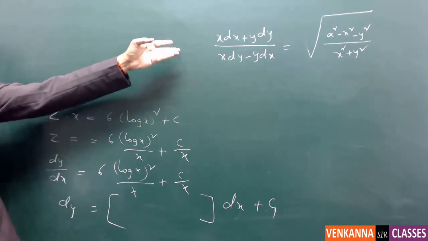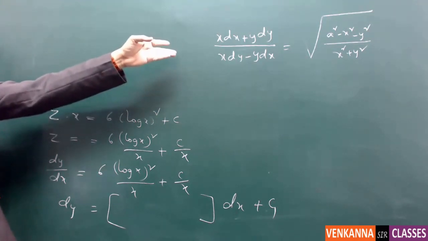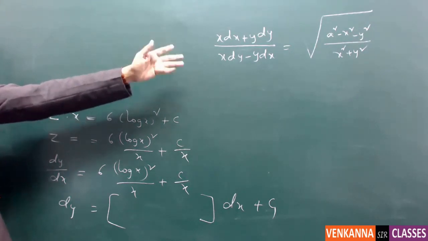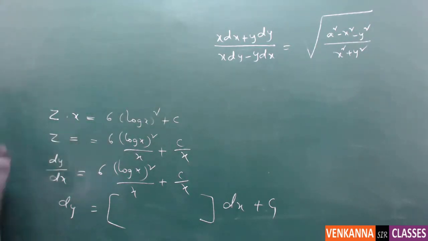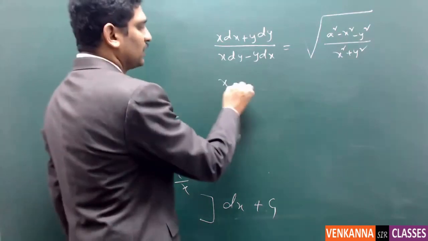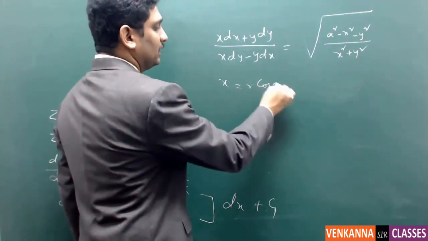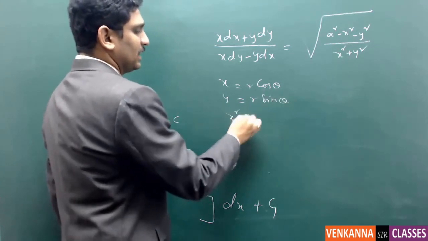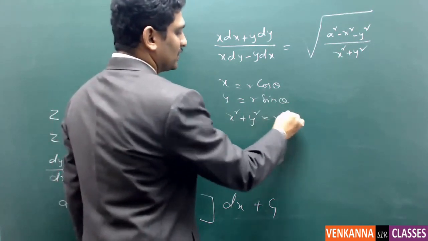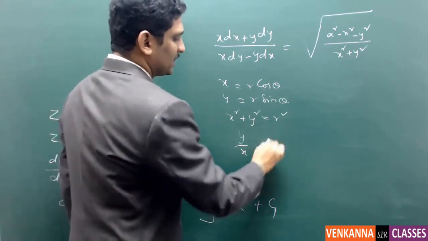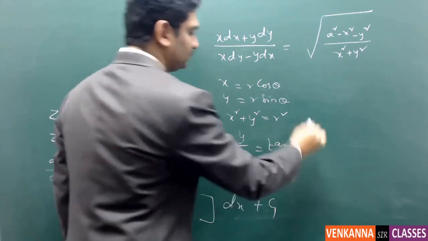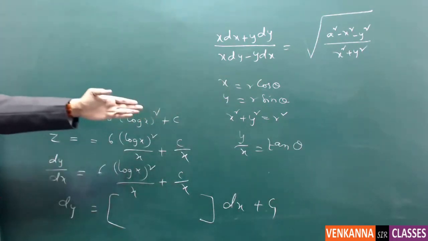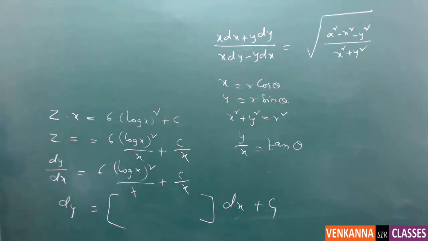So whenever this kind of thing is there, we use polar coordinates to transform. So I say that you take x is equal to r cos theta, y is equal to r sin theta, x square plus y square equal to r square, and y by x is equal to tan theta. We do these usual substitutions there.